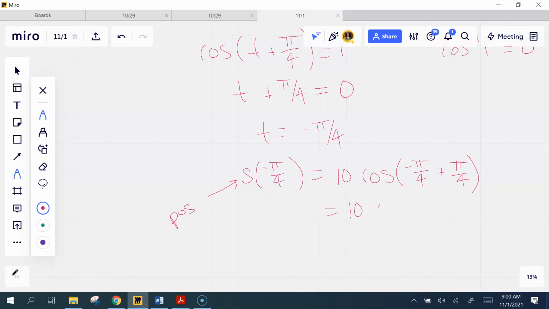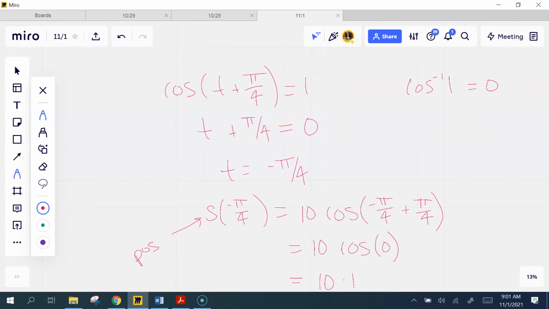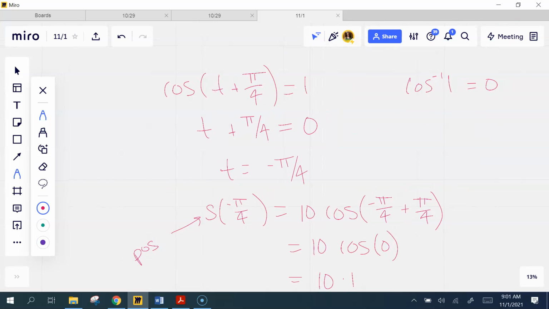So I've got 10 times the cosine of 0. That's one of the answers, that's the position. So yes, that was the maximum. That's when we plugged in the maximum to see when it is 1.